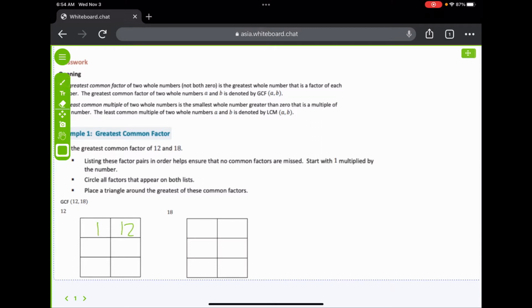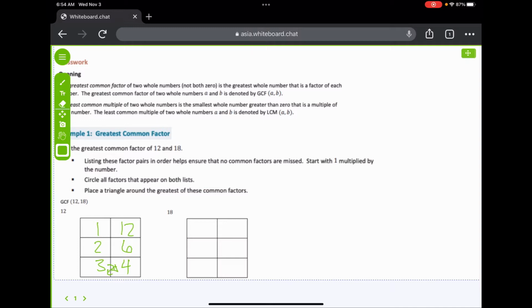We also have 2 and 6. Then we have 3 and 4. On the next one, it would be 4 and 3, right? Those would just cross over. Once they cross over, you know you're done, because you're only going to get 6 and 2 and then 12 and 1. So you know you're done.